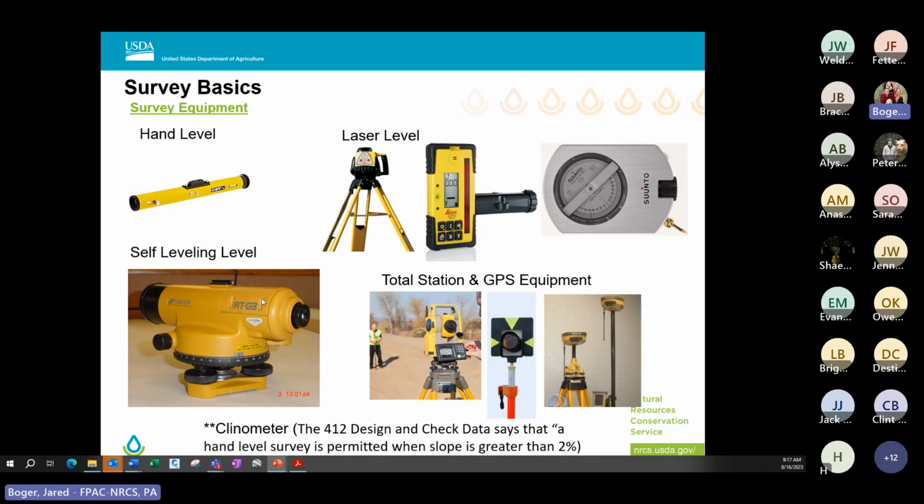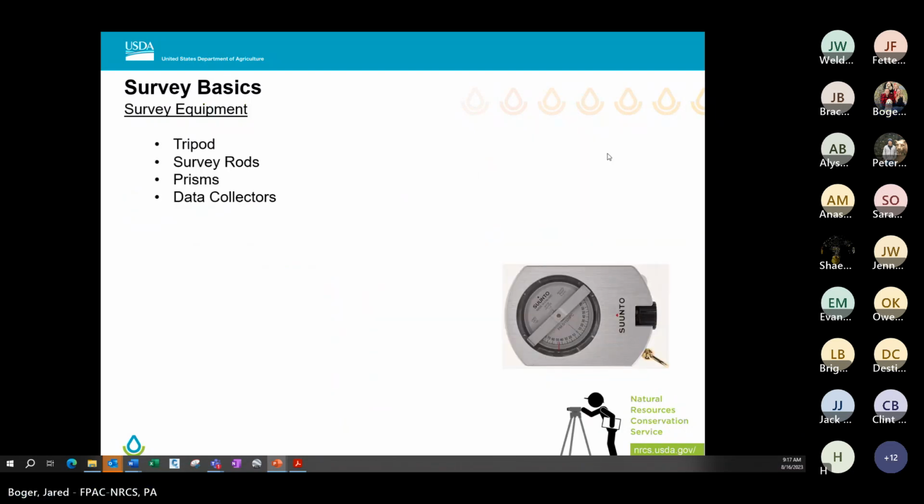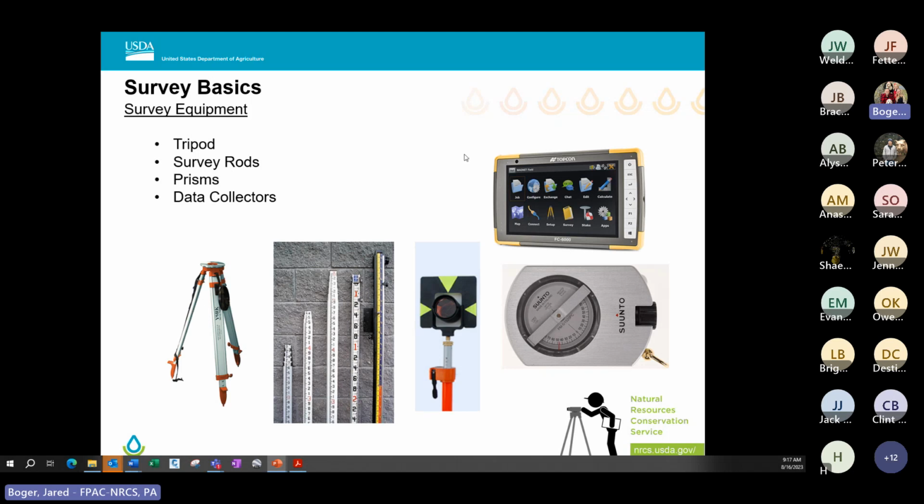The laser level and the self-leveling level, which would be the B2A, are the two that you're going to have at the stations here in a couple weeks. That's what we'll be using. Oh, and then you have a clinometer. Just a couple different things here: you have your tripods, your survey rods, your prisms if you're going to be working with a total station, and then you also have your data collectors.